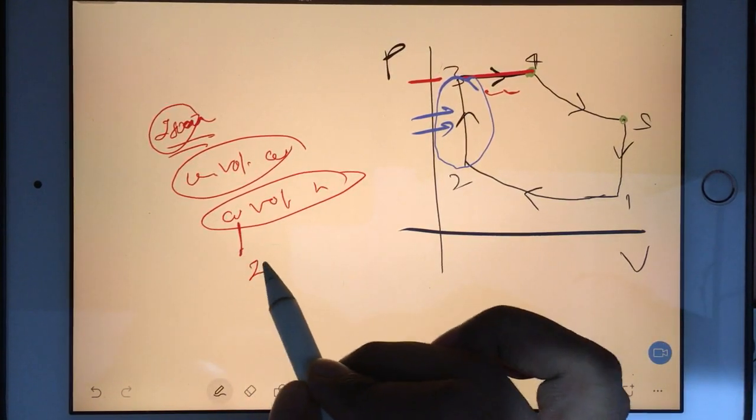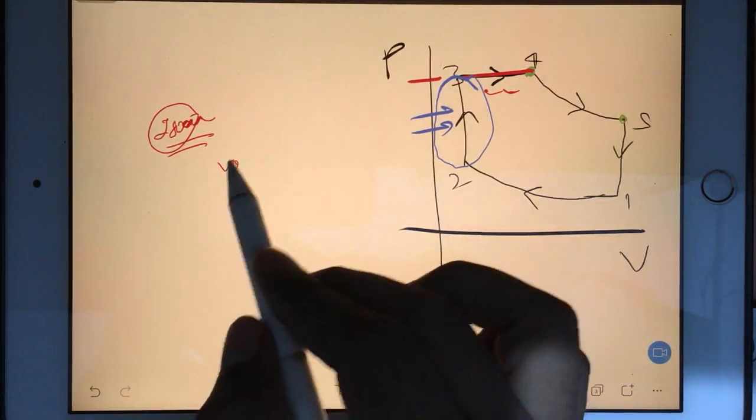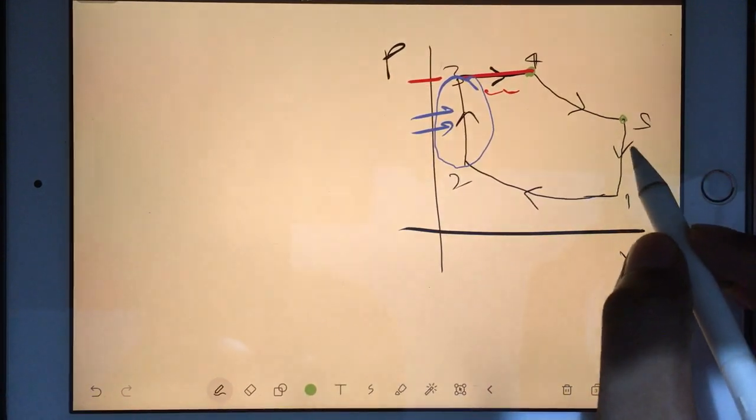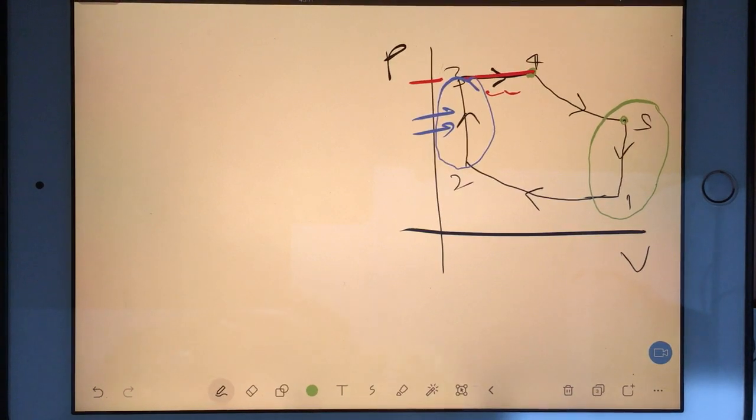You can also say isochoric heat addition, right? Okay. So now, Dhruv, you try to guess what will be the name for 5 to 1. Very good. Or we can say isochoric heat rejection, right?